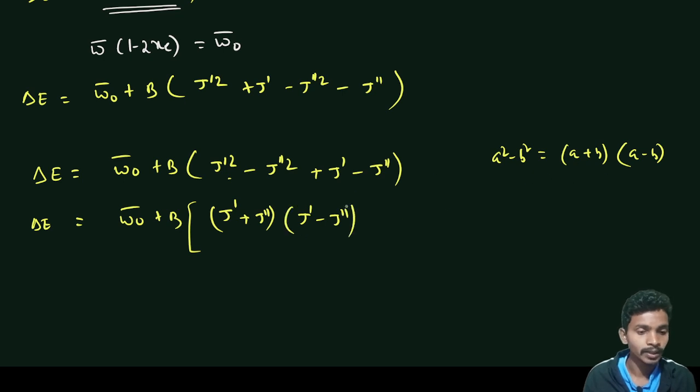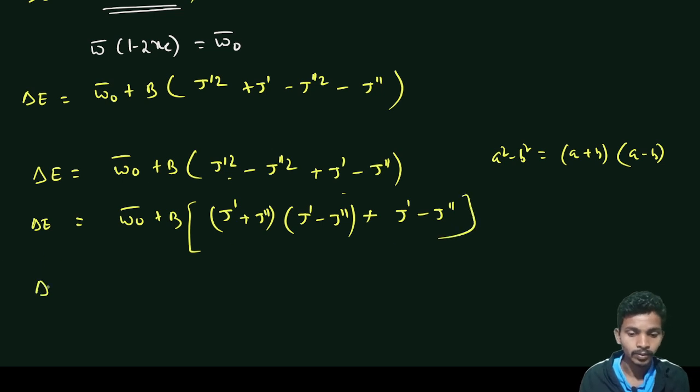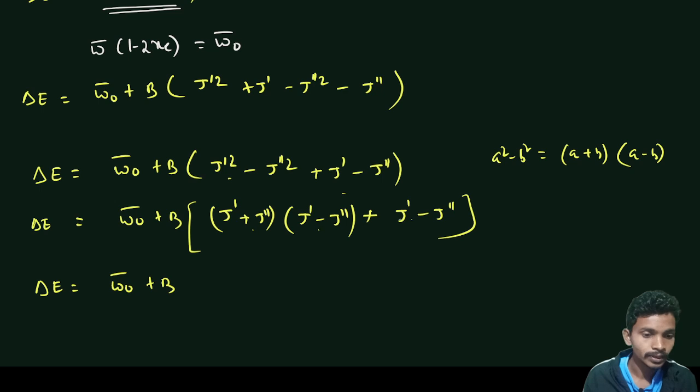In this format I write. Okay, so now if you look at it, what you see is omega naught plus B. This is common here, so can I take that one? So j dash minus j double dash common here, then what is left? j dash plus j double dash plus 1.